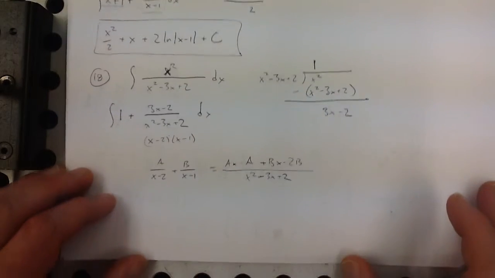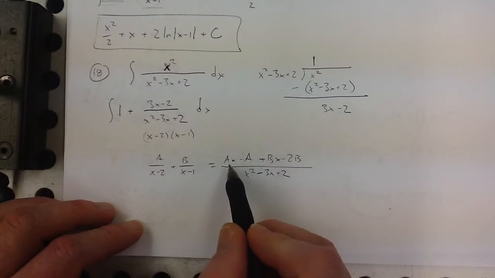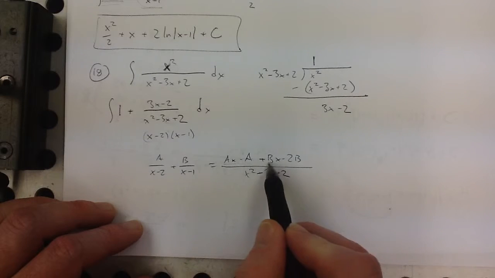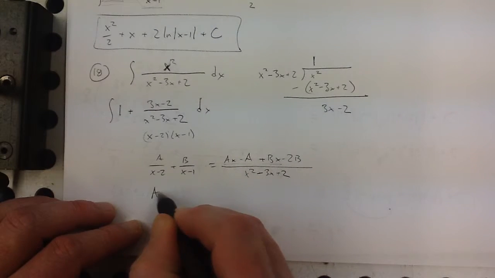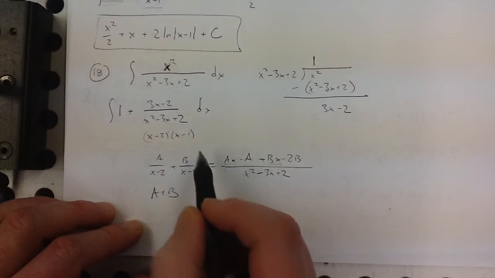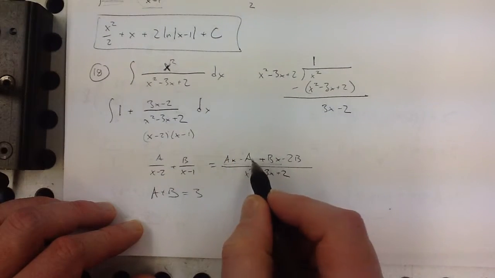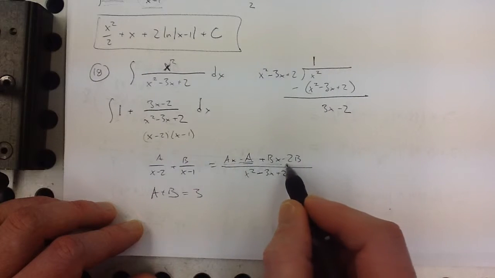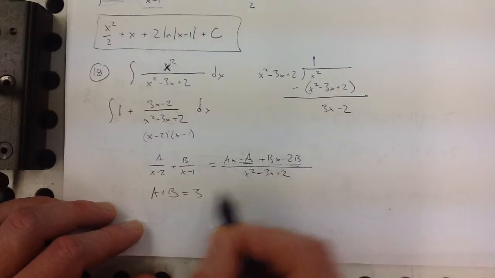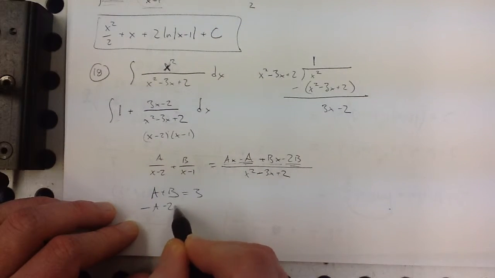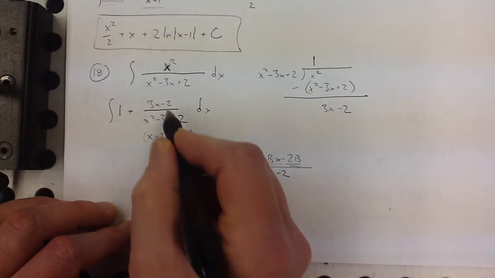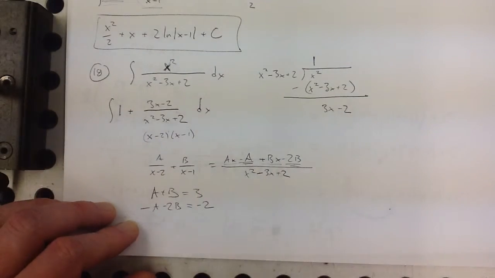All right, so my little system of equations, my x term is going to come from a plus b, and I've got 3 x's, so that's got to be equal to 3. My constant term is minus a minus 2b, and that's got to be equal to negative 2.